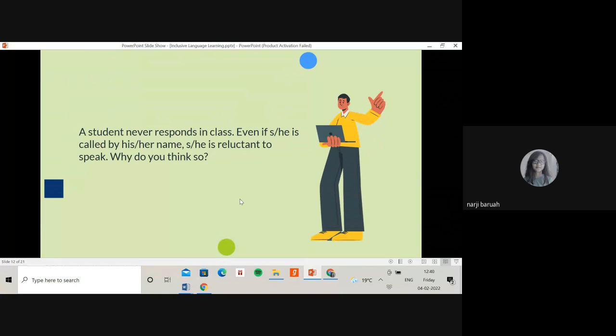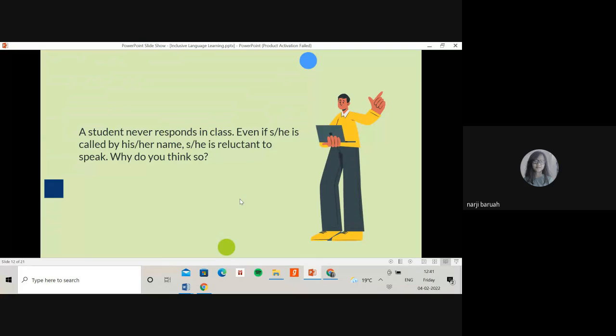Now, in such a case, what should we do? Because if we don't take into account that student, suppose if we think that there is only one student in class, if he or she never responds, then what will happen? Nothing will happen, only one student, right? We may think like that. One or two among us might think like that.